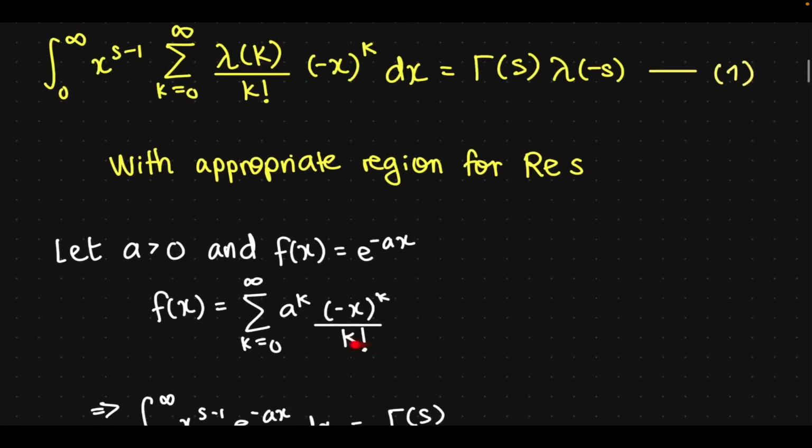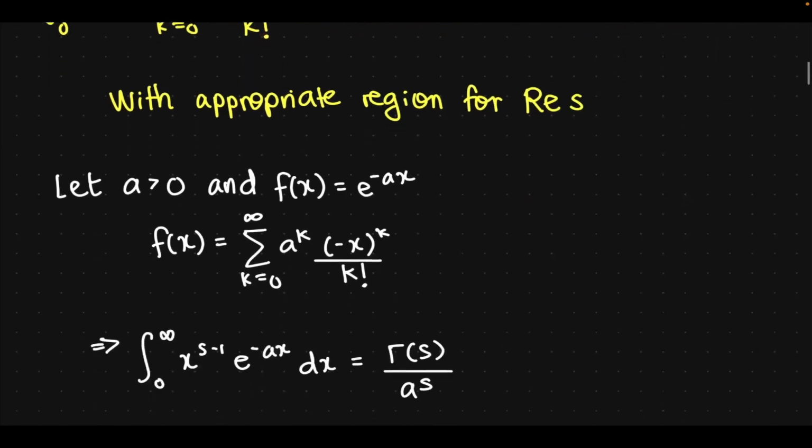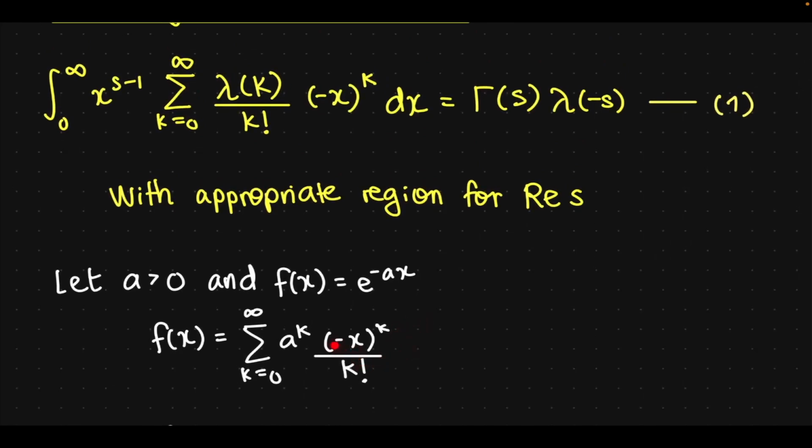And this basically fits the form of the sum that we had inside this integral, the sum from 0 to infinity of lambda of k over k factorial. The only thing is the lambda in this case is everything apart from the k factorial. So that's going to be a to the k, because we already have a minus x to the k. So a to the k is going to be lambda of k.